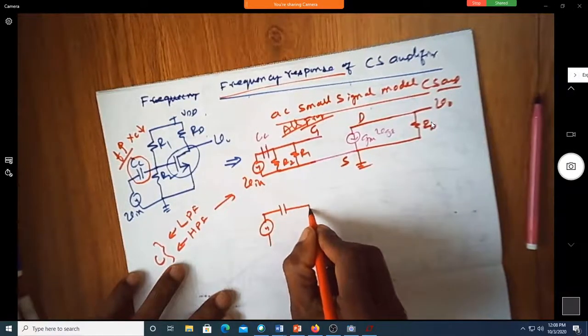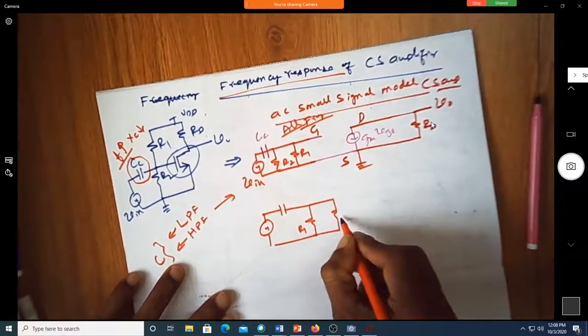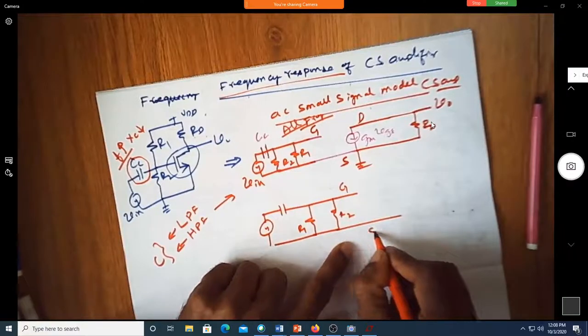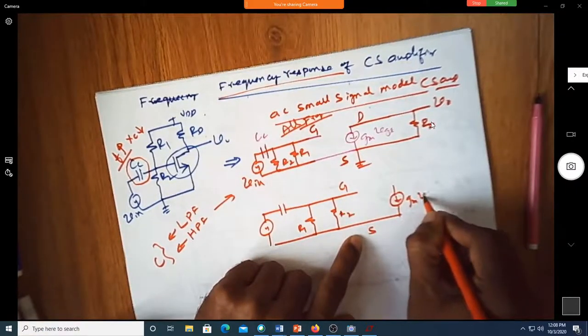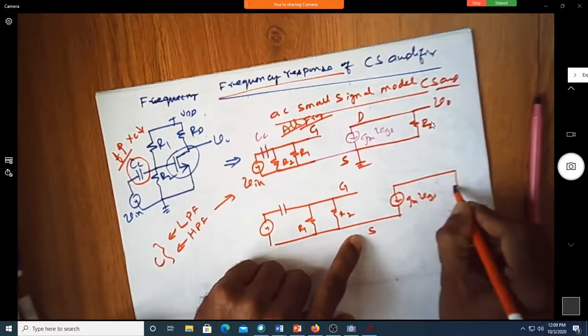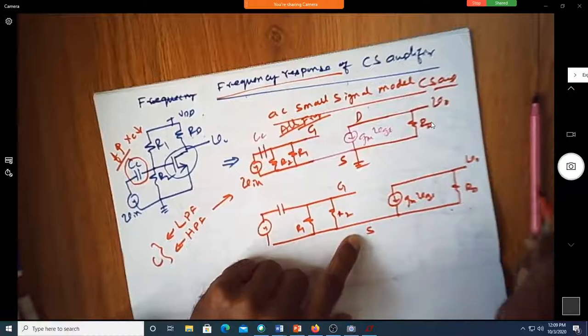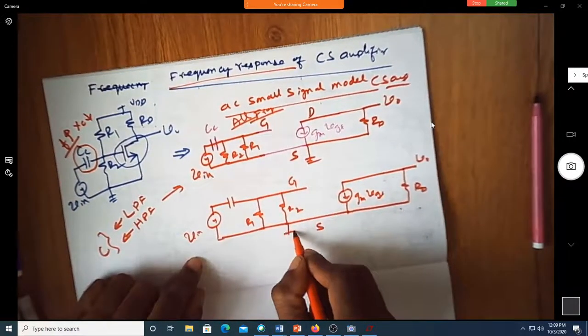This is R1, R2, this is gate, this is source, this is gm times VGS, this is RD. This is Vin, this is grounded.